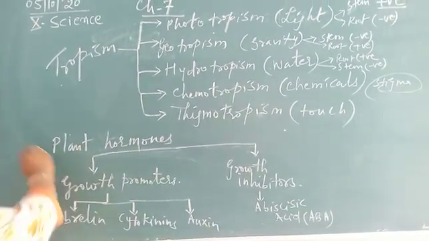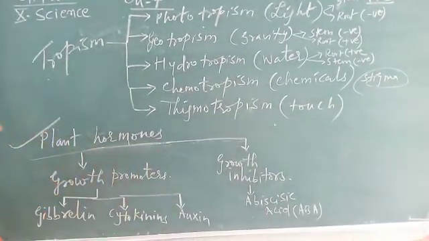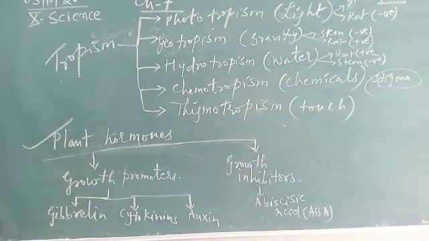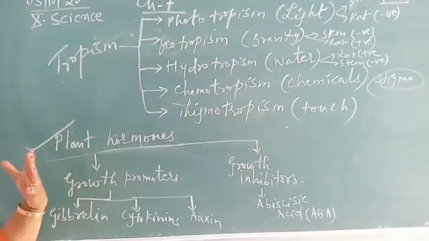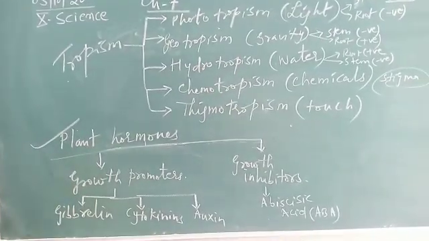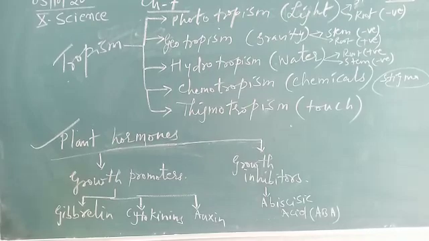Now the next topic is plant hormones. What is a hormone? They are a type of chemical compound which is synthesized at one place of the plant and migrates to the target organ to act. They play an important role in the control and coordination in plants, as well as in growth, development and response to the environment.